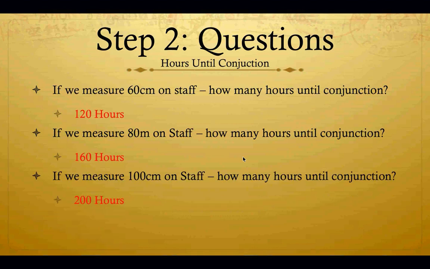Essentially with these questions, I want you to get an idea of the kind of variance of times. You measure 60 centimeters on a staff, and how many hours until conjunction? Well, we know we just double it, right? It'll be 120 hours. 80 cm, and there'll be 160 hours. 100 cm, 200 hours.